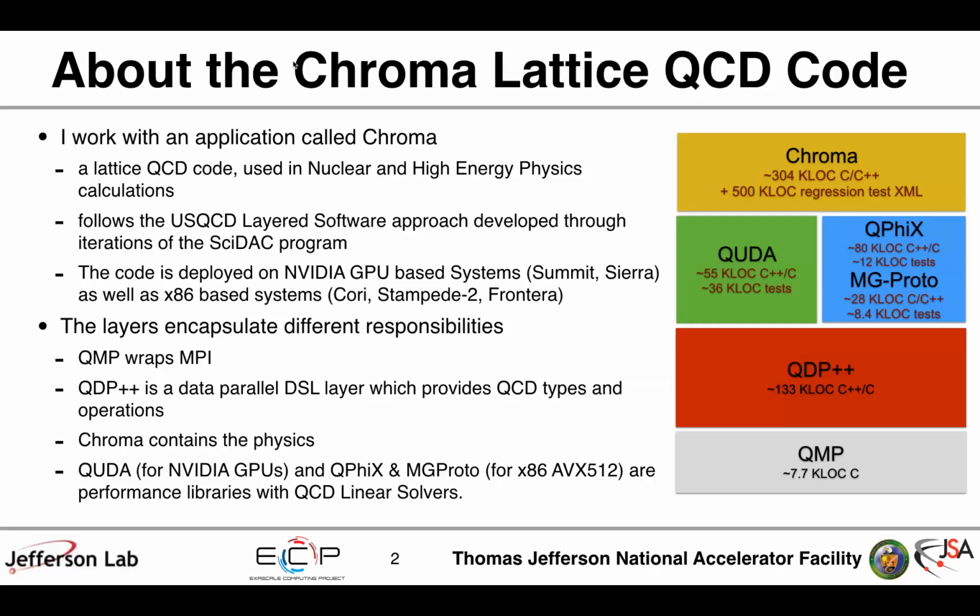On the bottom layer, we have a small wrapper library, which wraps, in our case, MPI. But on some computers, we wrote our own version where MPI wasn't available. And then on top of this, in the red box, you can see the QDP++ library, which provides kind of a data parallel API for us to write our code over.